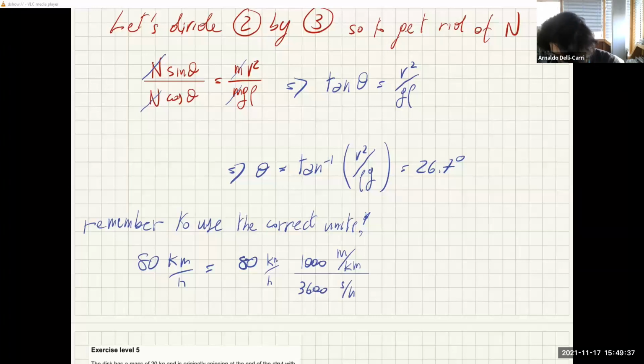This gives you a certain number. As you can see, kilometers and kilometers go away, hours and hours go away, and we are left with meters per second. This should be easy enough.